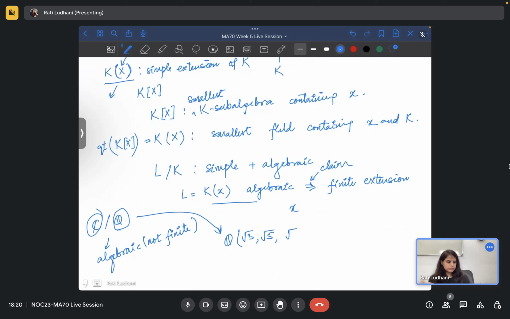Exactly. So the point is you can just directly say, and the other thing you were saying, like x raised to power n. So you take this minimal polynomial of x.